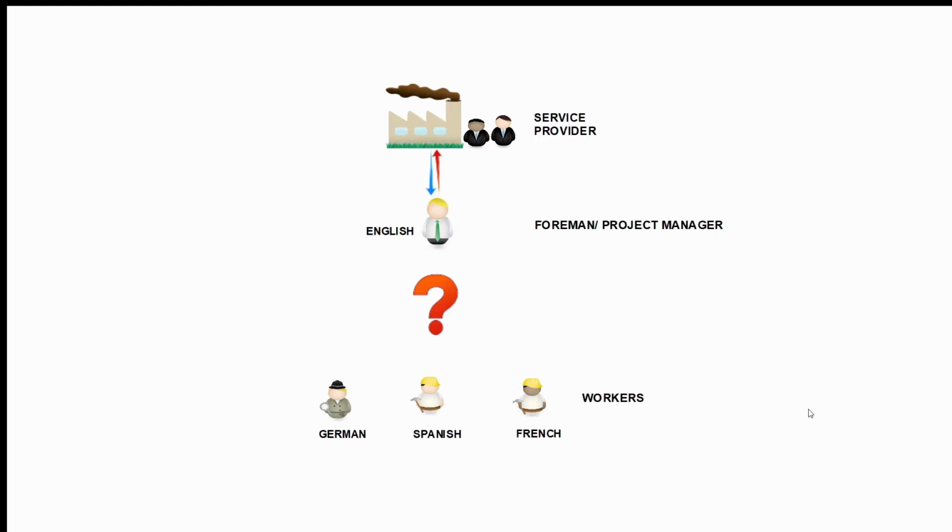Fortunately, the foreman has a bright idea. What he decides to do is employ some language-specific interpreters who relay his instructions to the workers, who in turn can relay their progress and keep everyone updated as to what's happening in terms of tasks completed, etc., which allows the foreman to report back to the service provider.